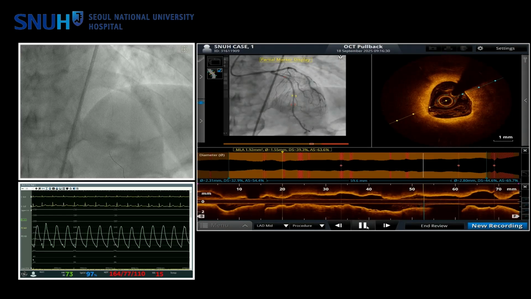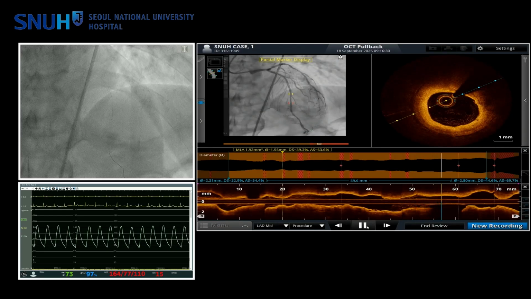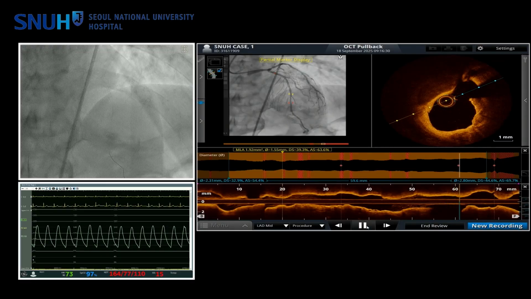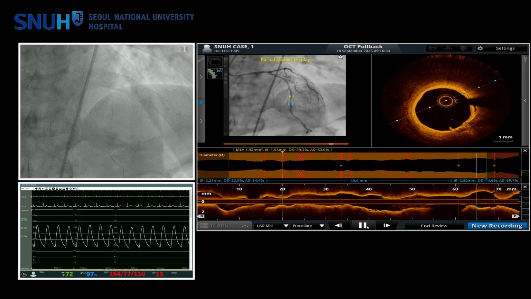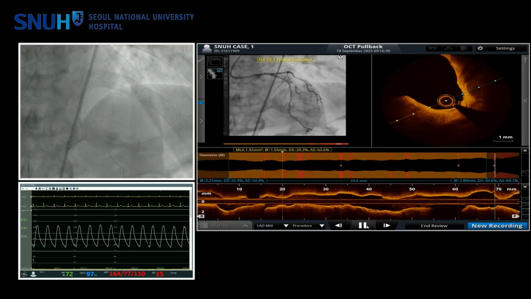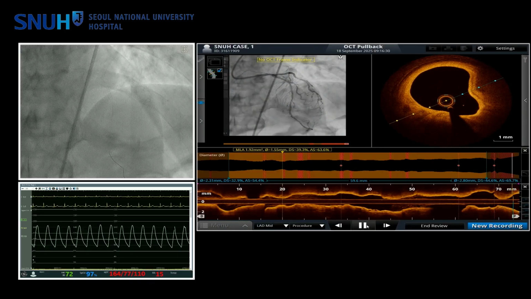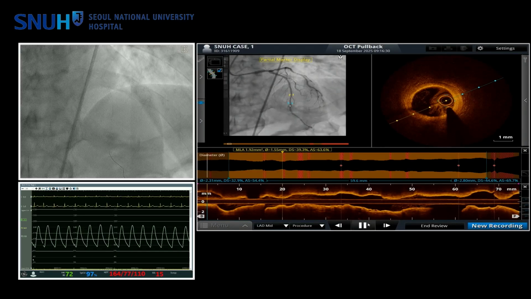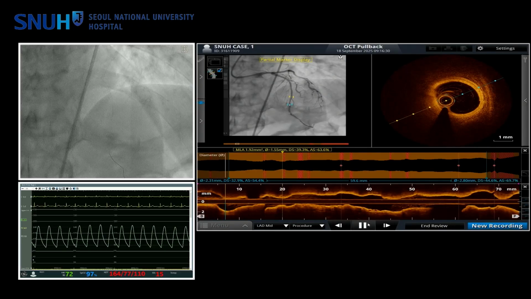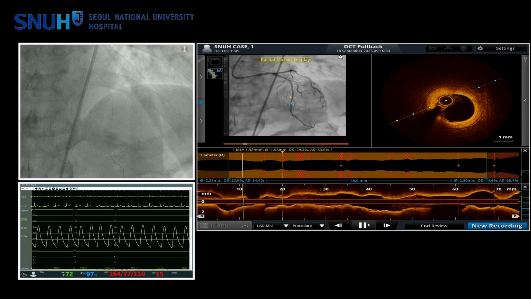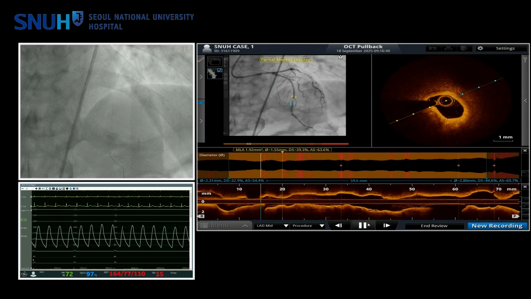So this is the result of the combination of shock wave plus a moderate degree of NC balloon. I think this status is acceptable for stent implantation. Yeah, I agree.